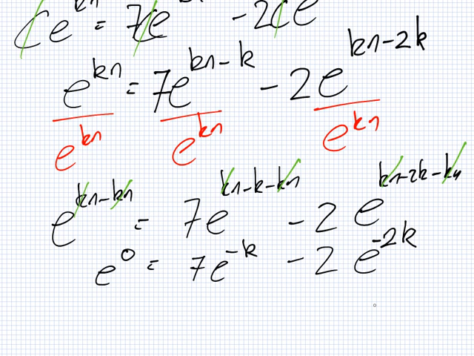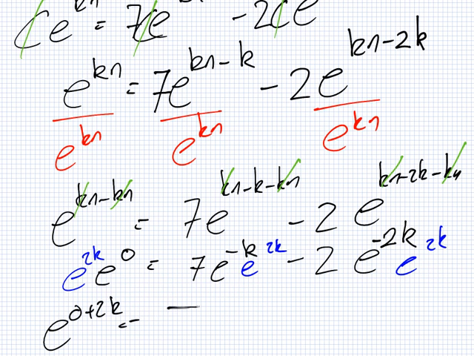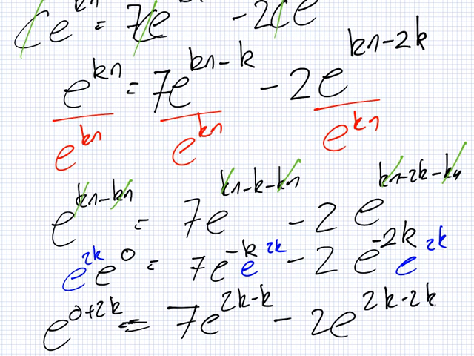So far so good, but it's not exactly ready to find the k. What do you think? Multiply by e to the 2k. Multiply everything by e to the 2k. So we get e^(0+2k) equals 7 e^(2k-k) minus 2 e^(2k-2k).